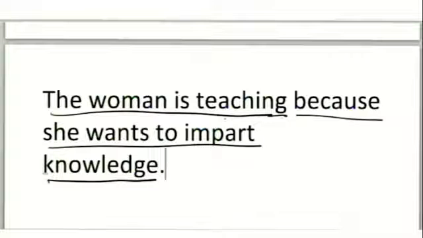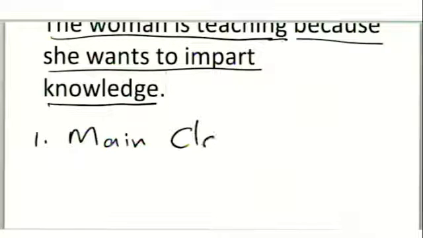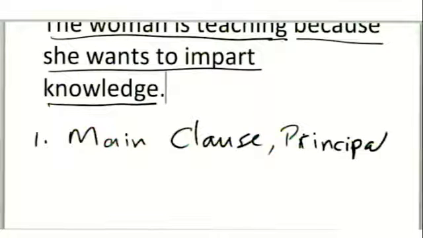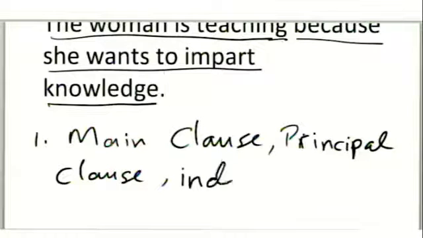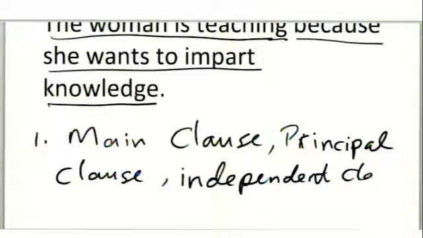So the two clauses here, based on that, we have two major clauses, namely the main clause, also called the principal clause, it is also called an independent clause.